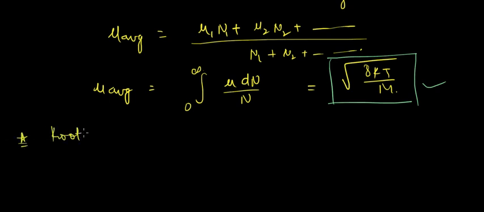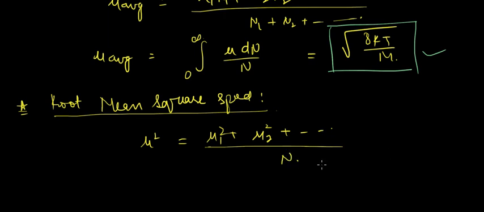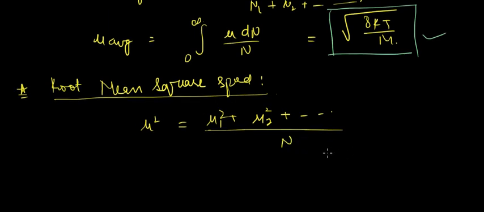Next, let us discuss root mean square velocity or root mean square speed. So URMS, U square or V square, would be U1 square plus U2 square and so on, divided by total N. This is one way of writing it.